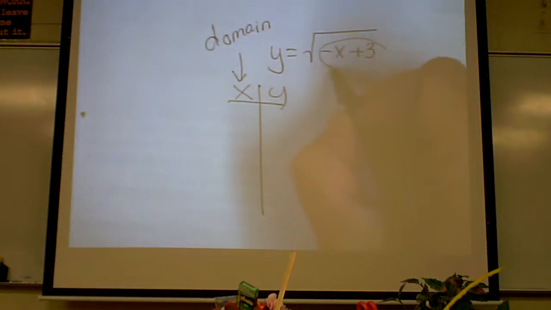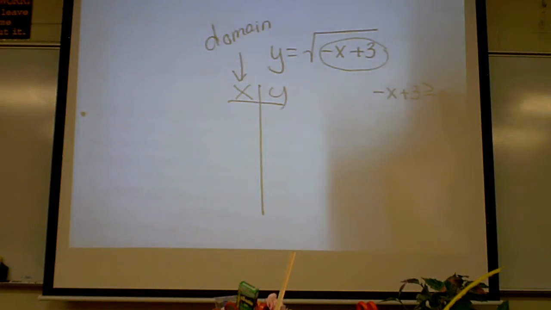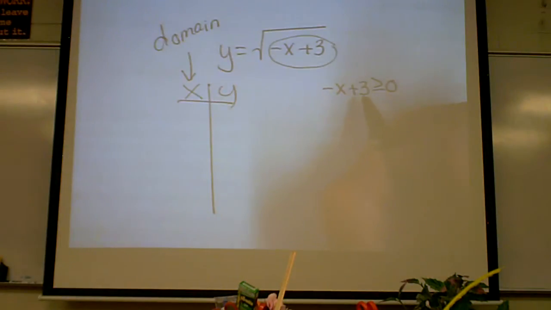What you do is you take this and you make this greater than or equal to 0. Now I'm going to subtract 3. Are you with me? Divide by negative 1 and flip the sign.